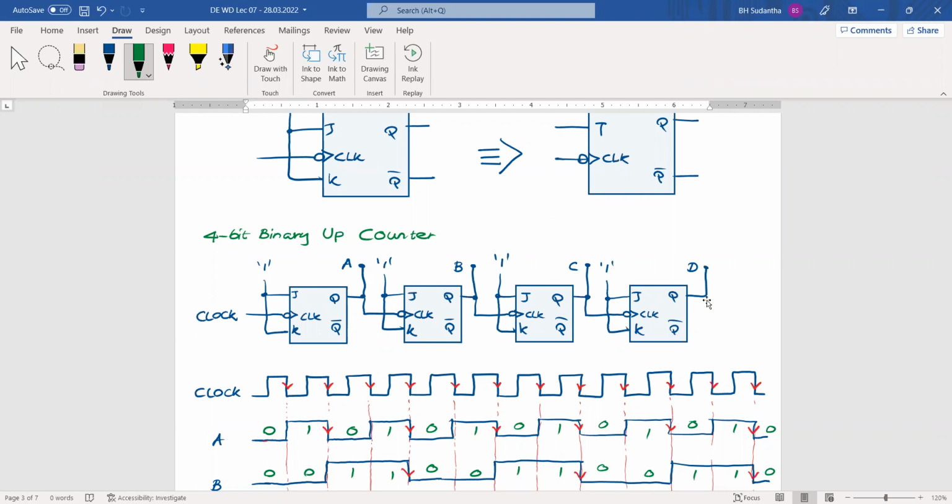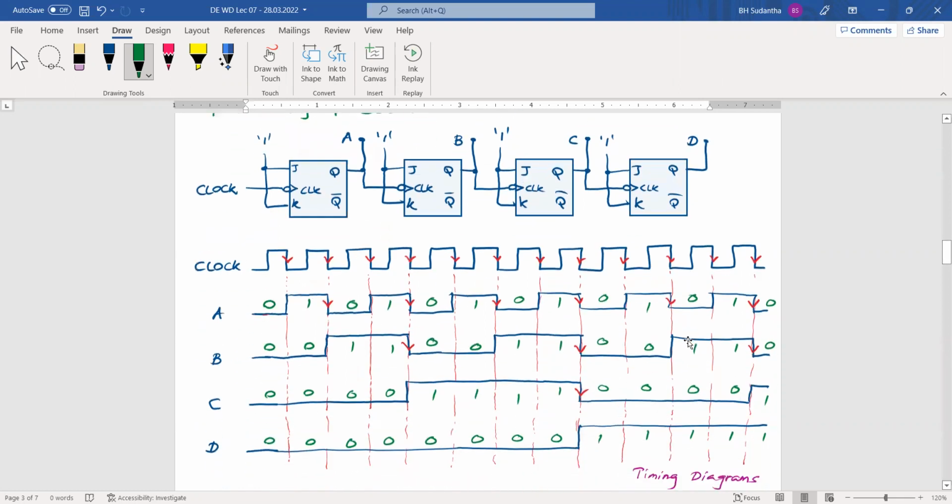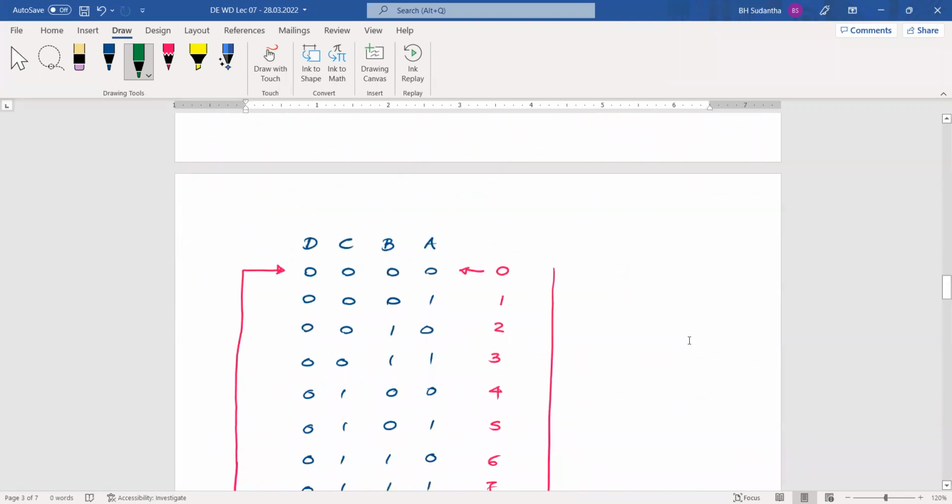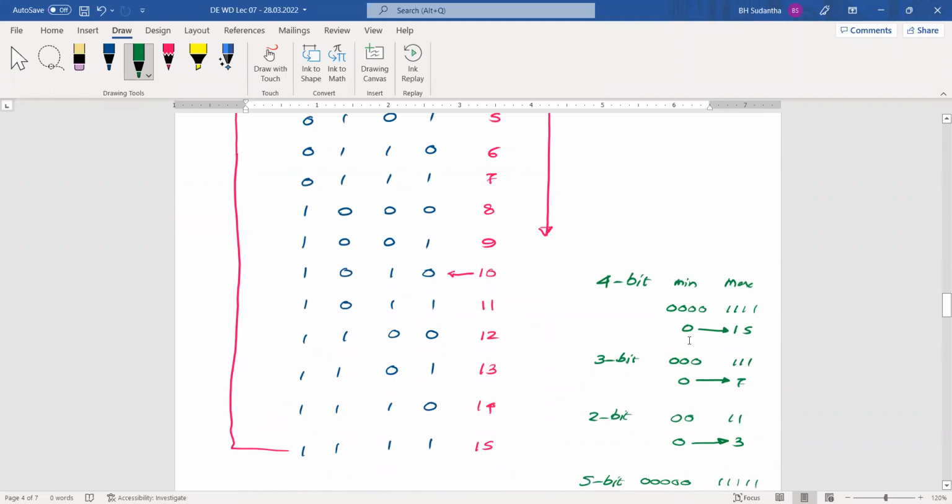Likewise, you can continue. Increasing this one to 4 bit, there is no problem. Decreasing this one to 3 bit, there will not be a problem. Okay, you can do it. But what do we expect after changing the bit capacity?